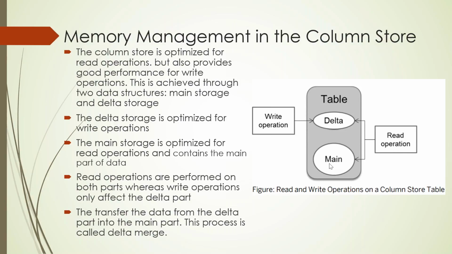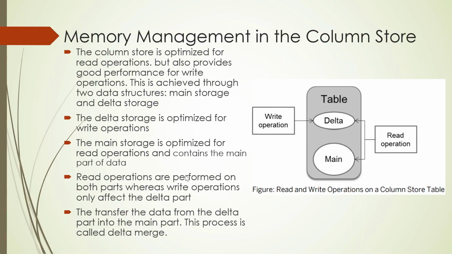Why do the read operations go to both main and delta? Because you have data in both. The latest data will be read from main and the delta. Only the writing goes into delta, the writing never goes into main.